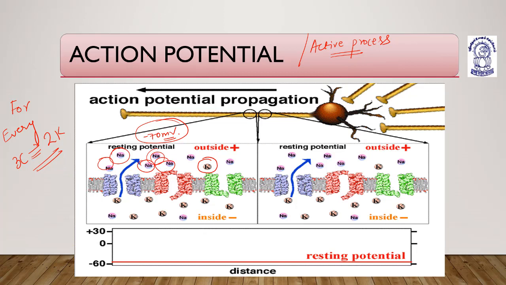Understood? Okay, got it. So this is the resting membrane potential. Potassium ions go outside, and as the potassium ions go outside, the inner part of the membrane changes. And the sodium ions move inside. So this efflux and influx helps to change the polarity of the membrane.